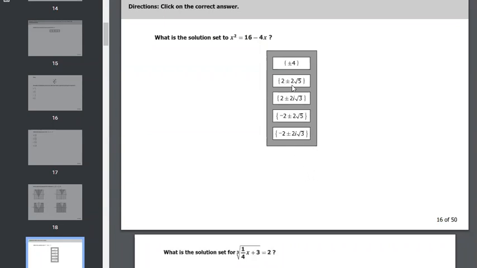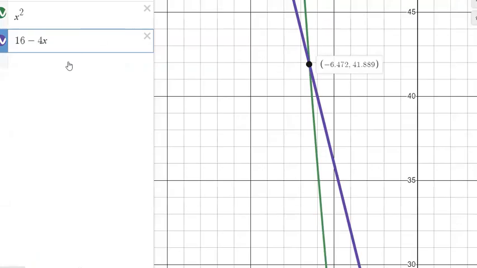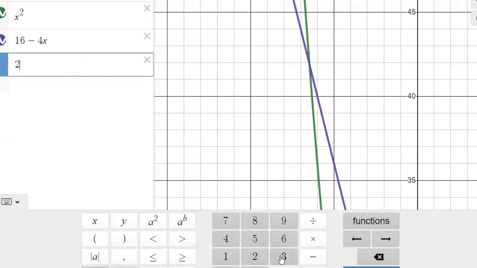So what is 2 plus or minus 2 square root of 5? I can actually calculate that on my calculator. 2 plus 2 square root of 5. Let's see what that is. That would be 6.472. That would seem to match up.